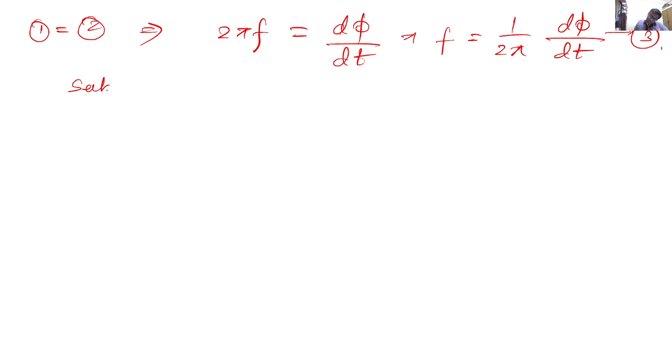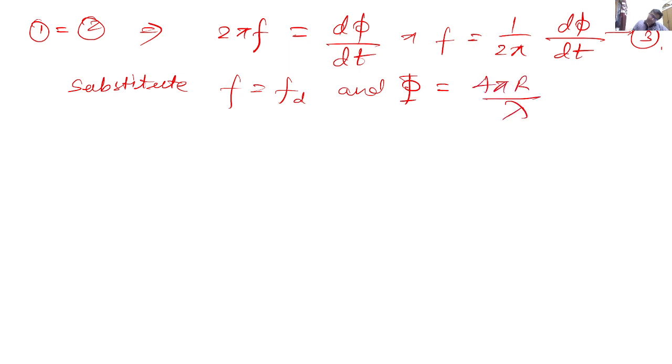Now just substitute f as fd, which is the Doppler frequency, and phi equal to 4 pi r by lambda, which we already derived in the previous step.